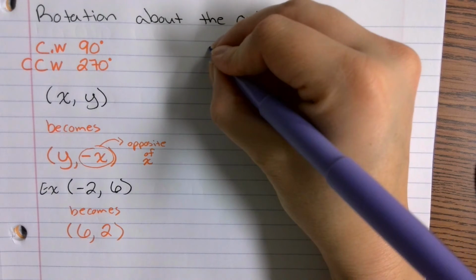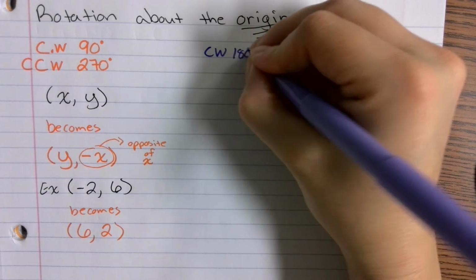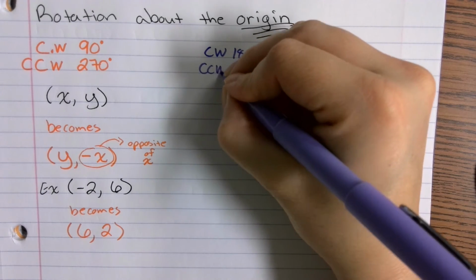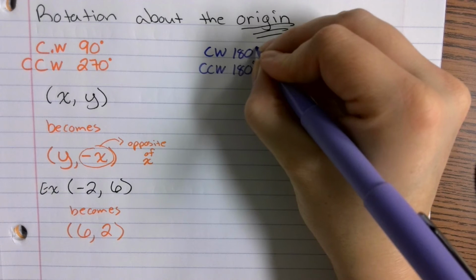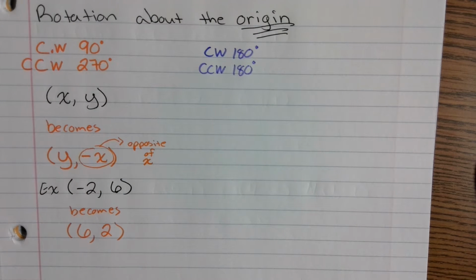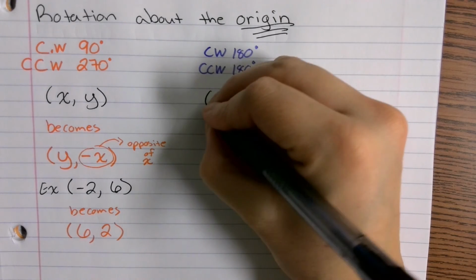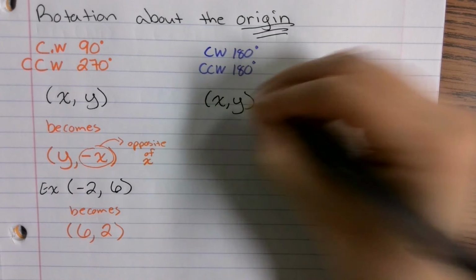If you're rotating clockwise 180 or counterclockwise 180, it doesn't matter which you say. 180 is 180. If you rotate 180 degrees, it's clockwise and it's counterclockwise. It's the same thing.